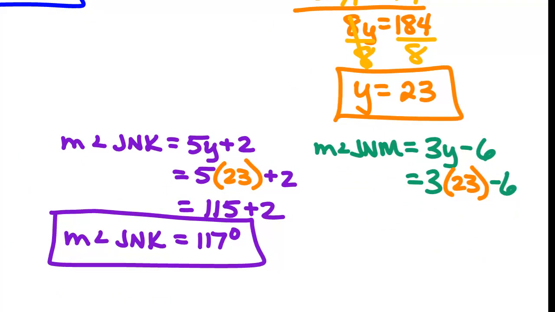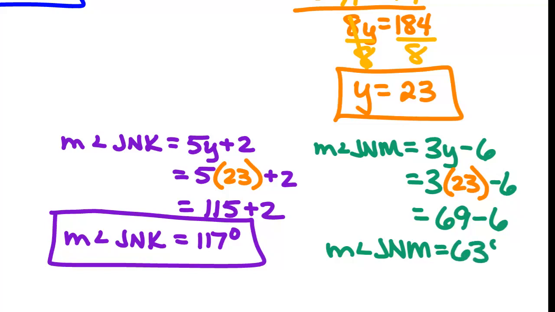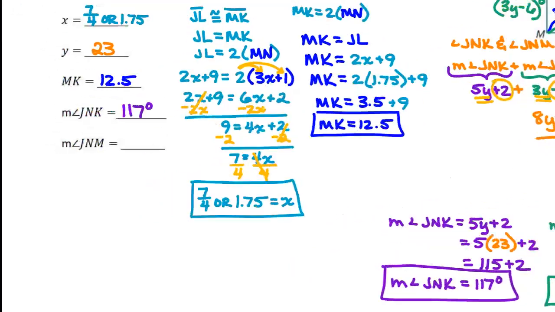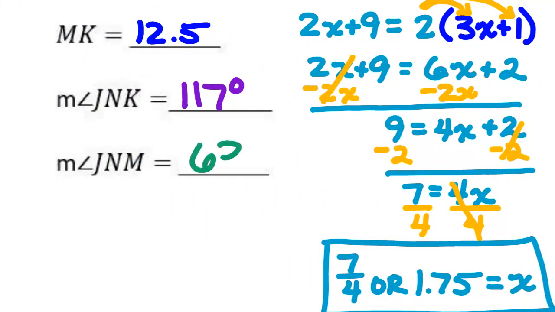What is 3 times 23? 69 minus 6? 63. So 63 degrees. Can anybody see another way that I could have found that answer without substituting in?